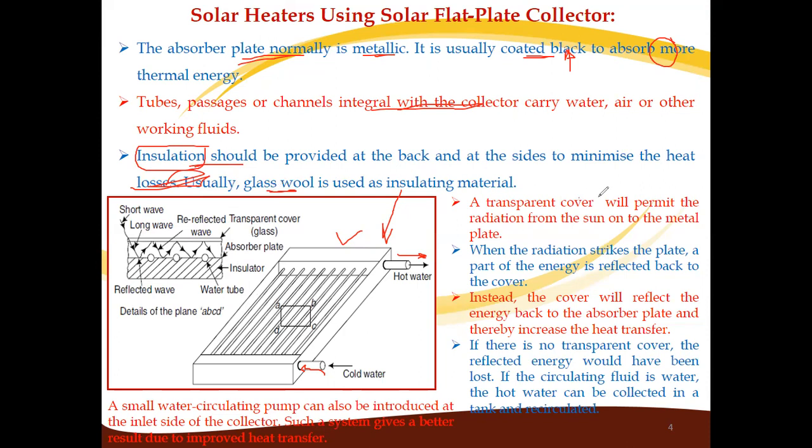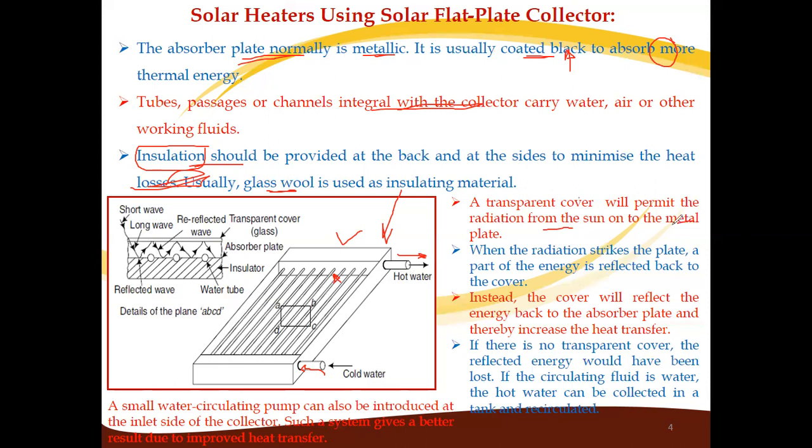Now another, a transparent cover is there. This transparent cover is usually made up of glass. It is provided at the top of this flat plate collector and will permit the radiation from the sun to reach the metal plate.